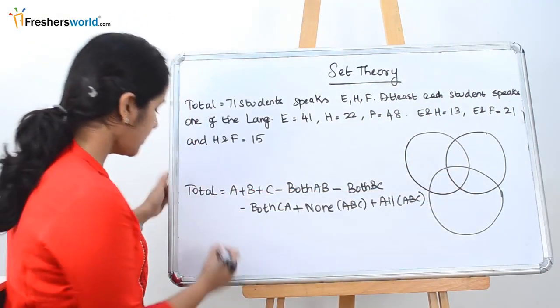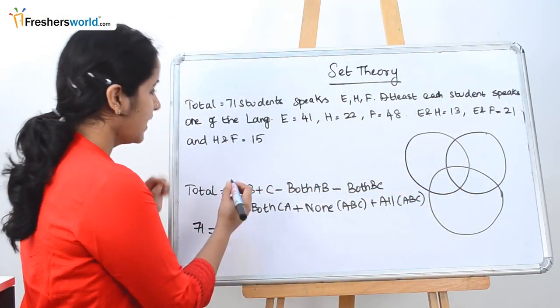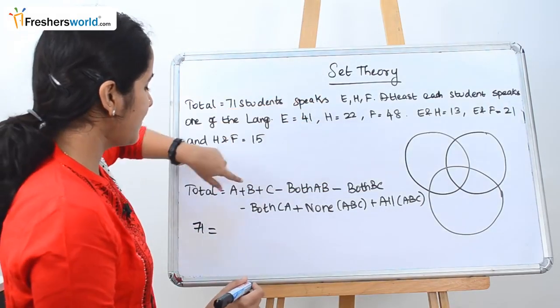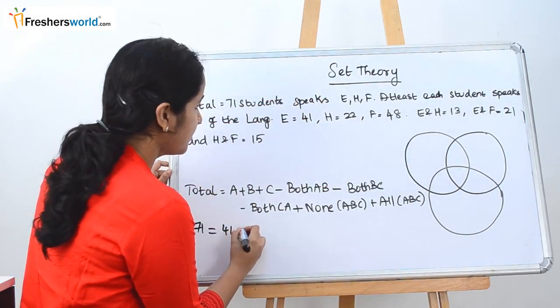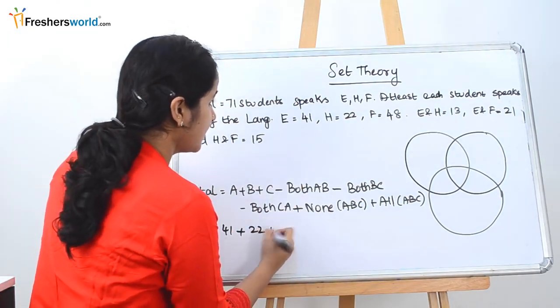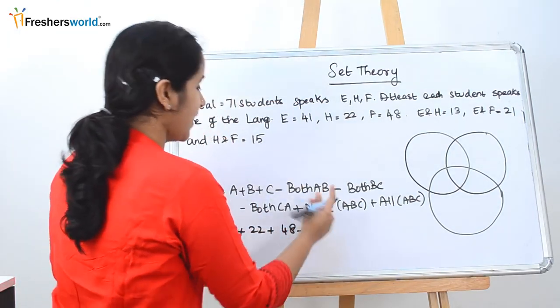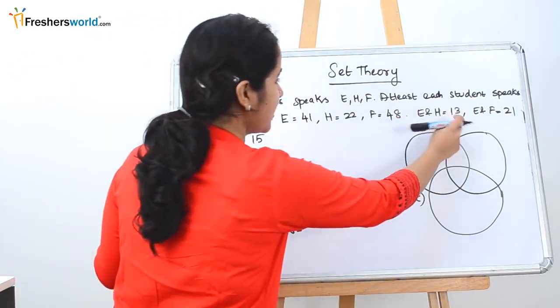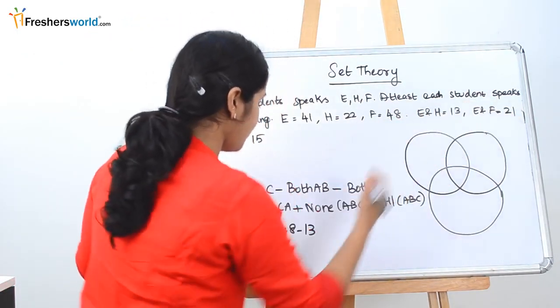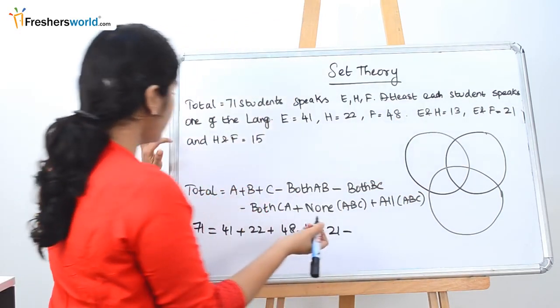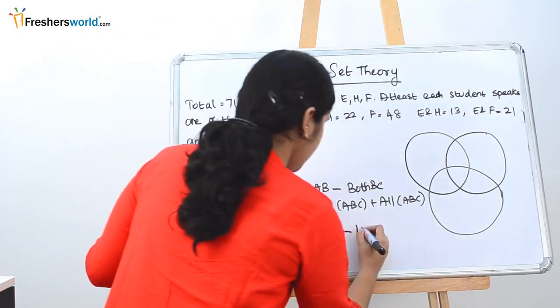So we know that the total is 71. A is nothing but, here we mean English, Hindi and French. So 41 plus 22 plus 48 minus both A and B is nothing but English and Hindi, 13, minus both B and C is nothing but English and French, which is 21, minus Hindi and French is 15.